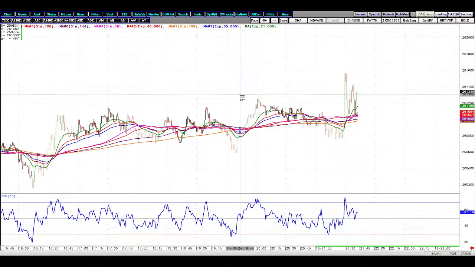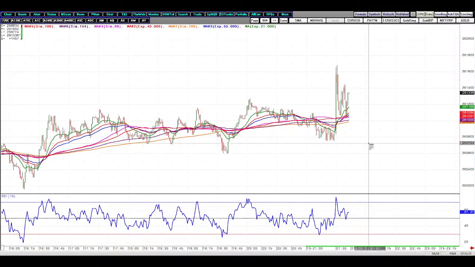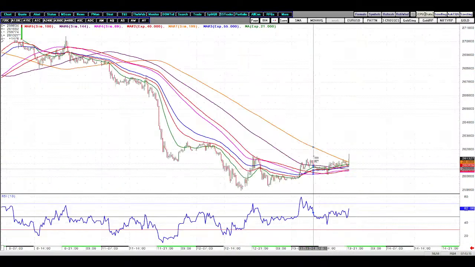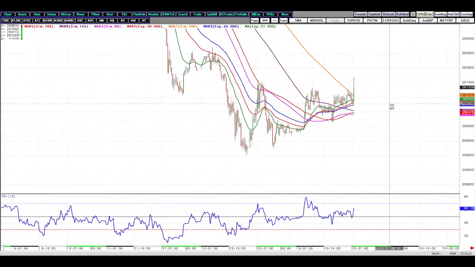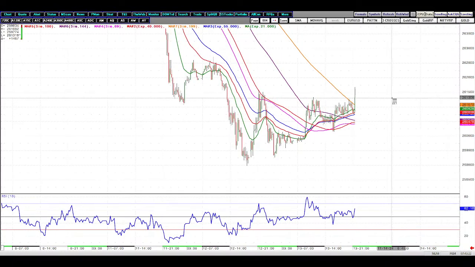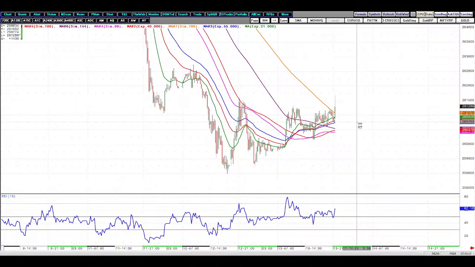Now it's moving up again. We still have 2 more minutes for this candle to finish. If within these 2 minutes this can close lower, then there is a very high chance that this is a failure.